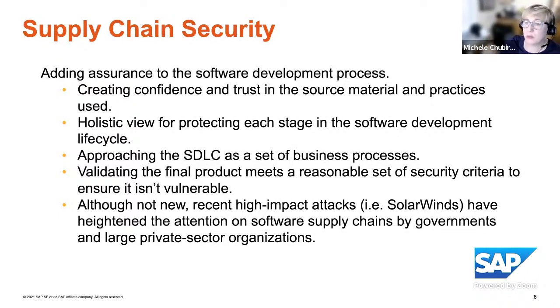If you really want to understand your supply chain, you have to look at and document in a very detailed way and examine and threat model your business rules for creating product, like software product, essentially. And you're validating the final product meets a reasonable set of security criteria to ensure that it's not vulnerable.